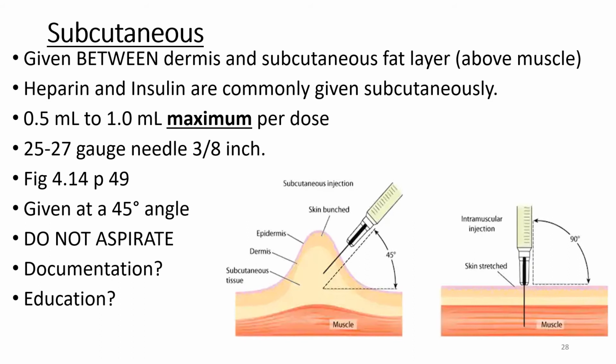If I'm a diabetic or I'm taking heparin for whatever reason, I don't want to continuously give that injection in the exact same site over and over and over again. That's like pricking the same finger every single day to check your blood sugar. You don't want to do that. You want to rotate those sites.